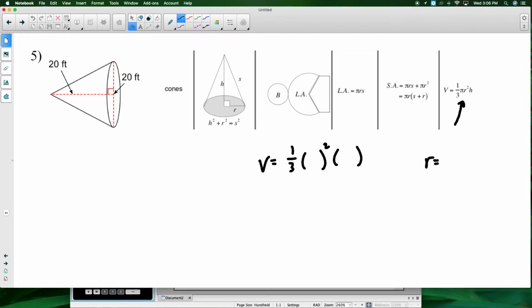I need to know r, which is, that's the diameter, so r has to be half of that, 10. R is 10. The height is provided, 20 is h. Therefore, I'll just roll that into the formula. Type it in the calculator very carefully.